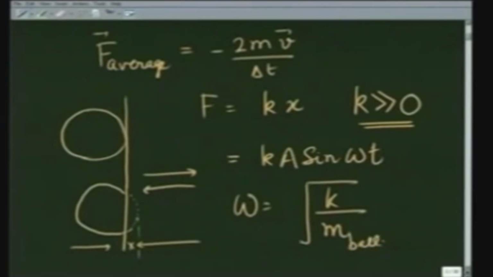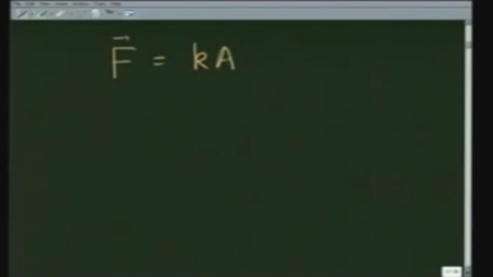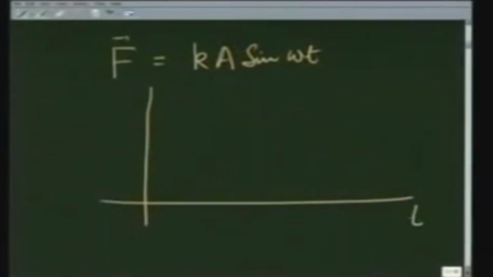So we see that the force on the ball is of the form roughly k a sine omega t. I have chosen sine because initially the displacement is 0. And therefore, if I were to plot it with respect to time, it would look something like this: at 0 it starts, goes up and comes down like a sine wave, and at this point the ball has left the wall.